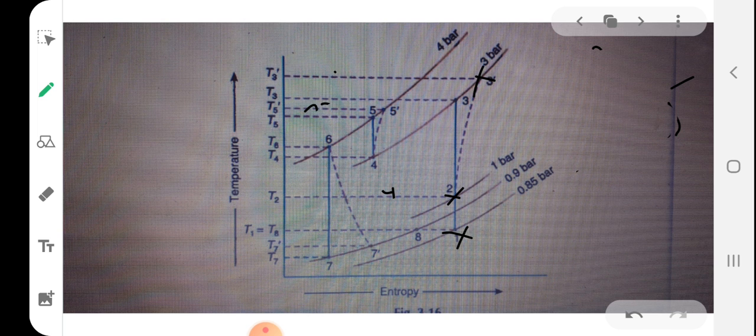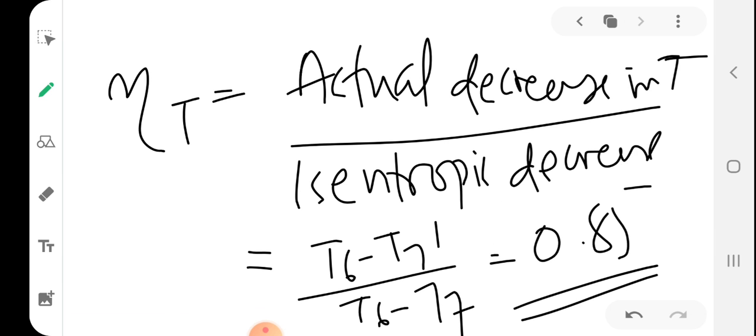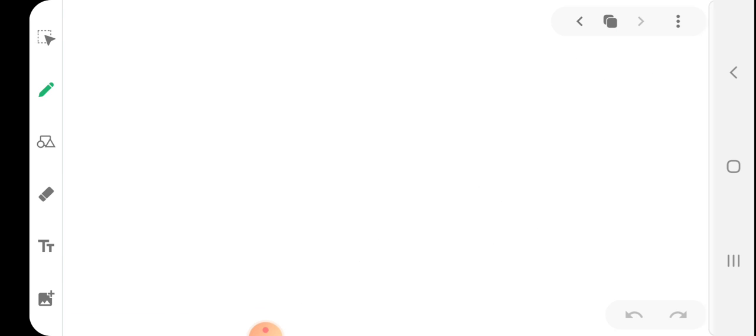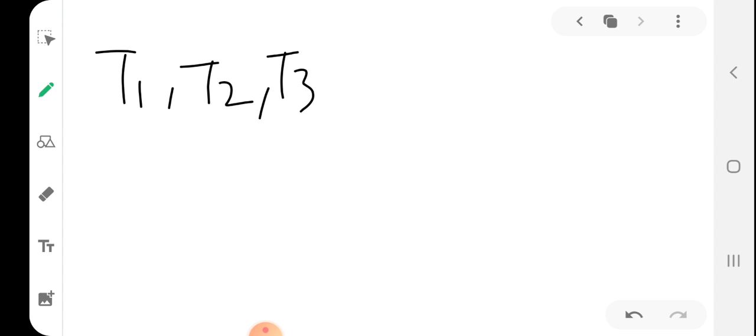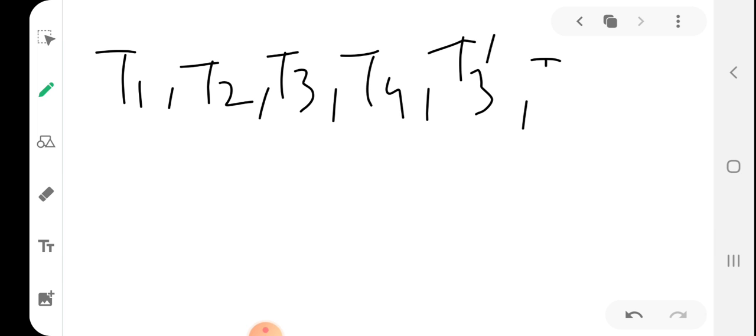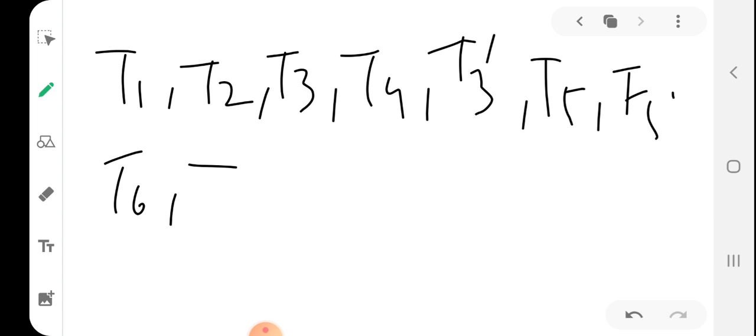So try to calculate all the salient points: T1, T2, T3, T4, T3 dash, T5, T5 dash, T6, T7, T7 dash, etc. All these things you just try to find out.